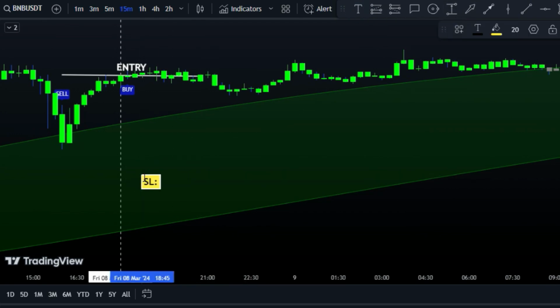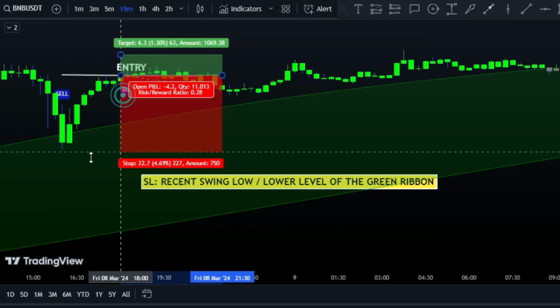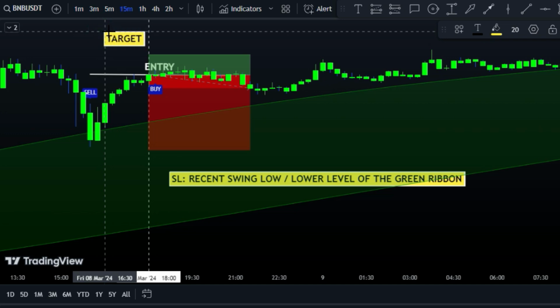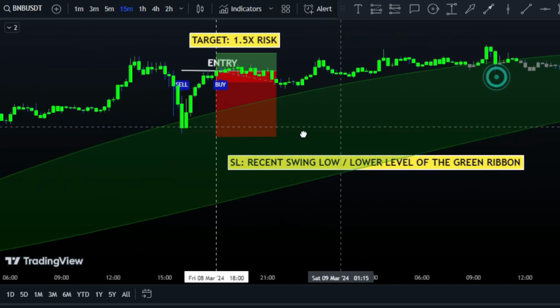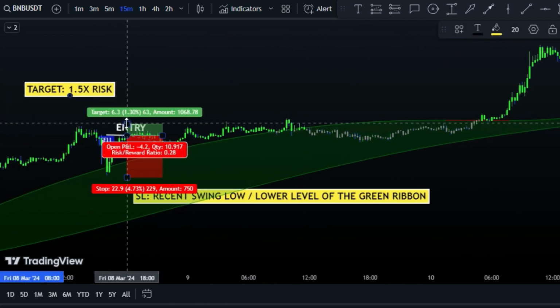And to set a stop loss level, look for the most recent swing low or the lower level of the green ribbon. And as for the take profit level, maintain a risk reward ratio of 1 to 1.5. This means your potential profits should be 1.5 times greater than the potential losses.